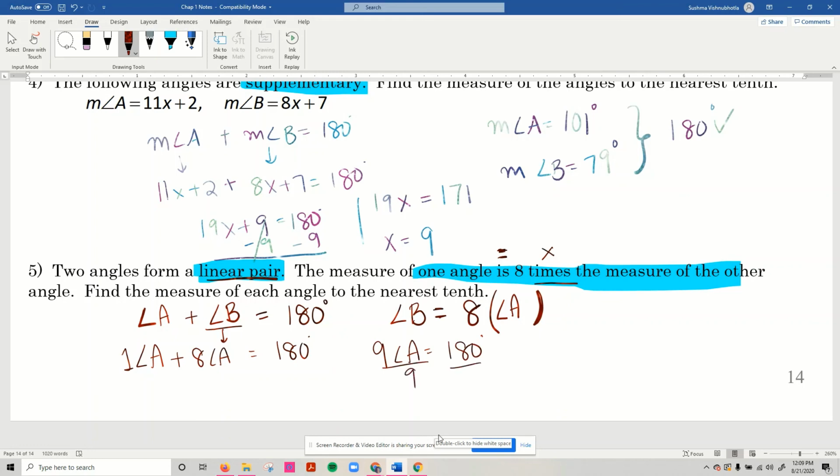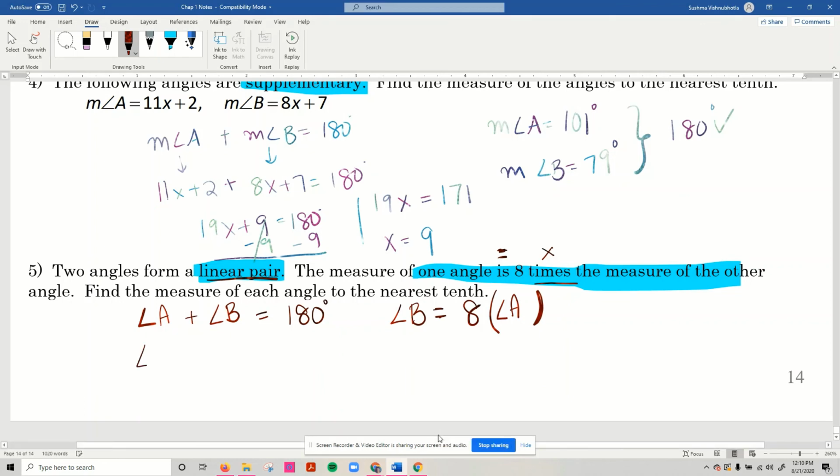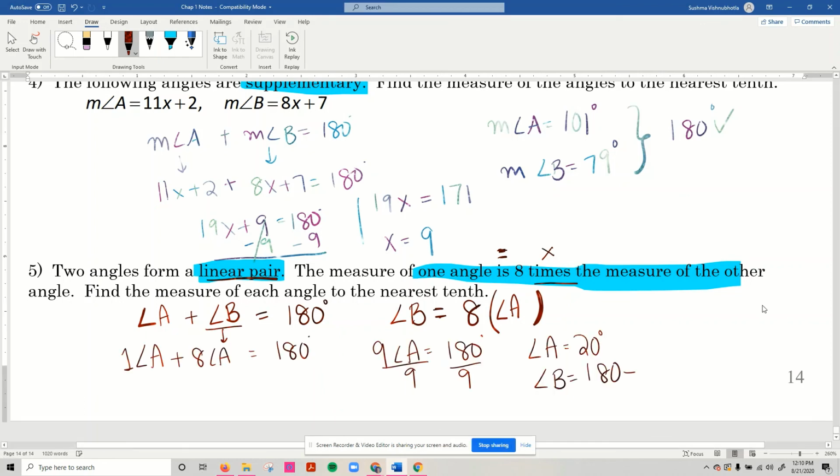Divide both sides by 9. And you get angle A is equal to 20 degrees. Now, if angle A is 20, I know A plus B is 180. So angle B is going to be 180 take away 20 degrees, which is 160. Okay.